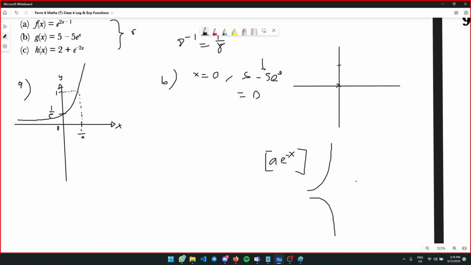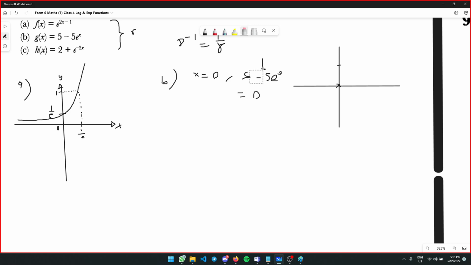If x is negative, it will go down like this. And if a and x are both negative, it will go down like this. So that's how the graph will look. This is just a simple idea so that I can always have an idea of how the graph will look.